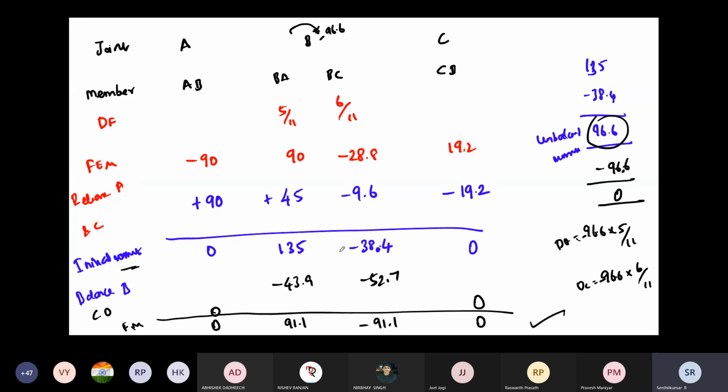Then you check the joint. We have an unbalanced moment of 96.6. So we have to balance it because at the joint the summation of moment should be equal to 0. So to balance it, I am adding minus 96.6.